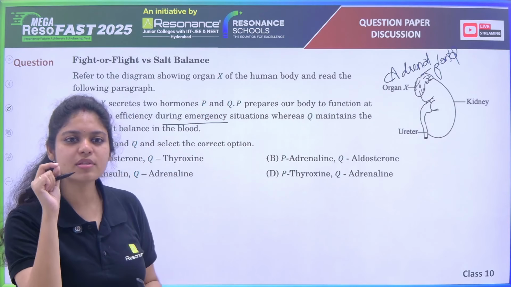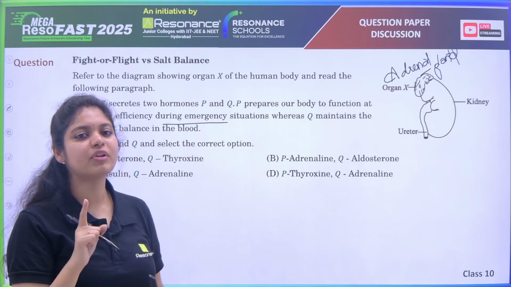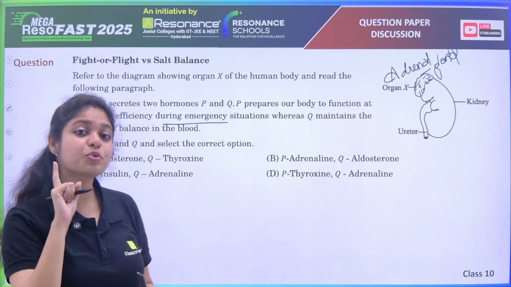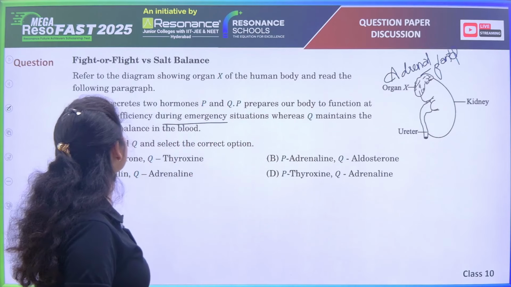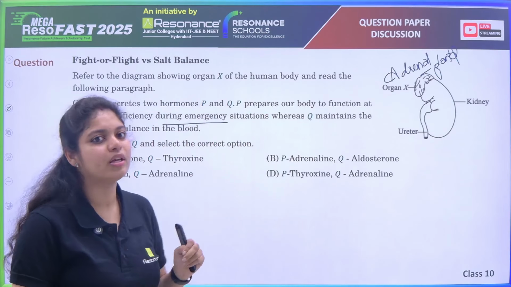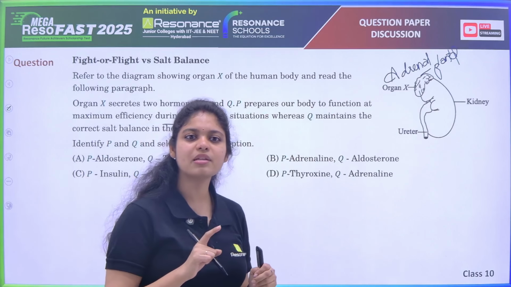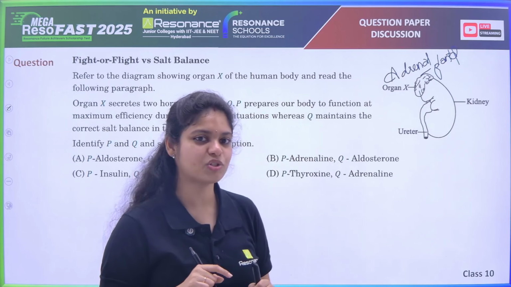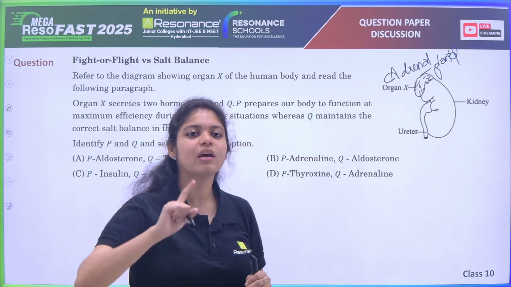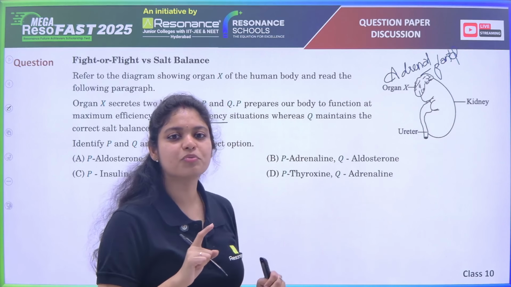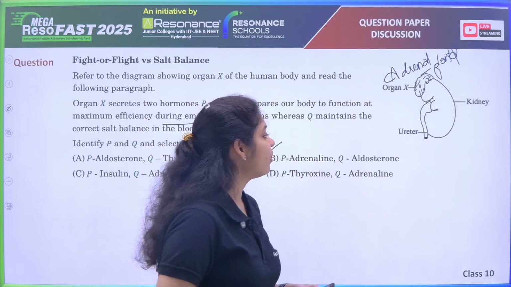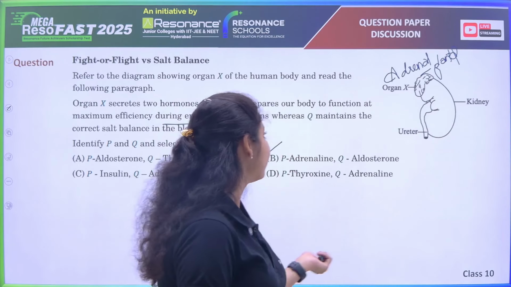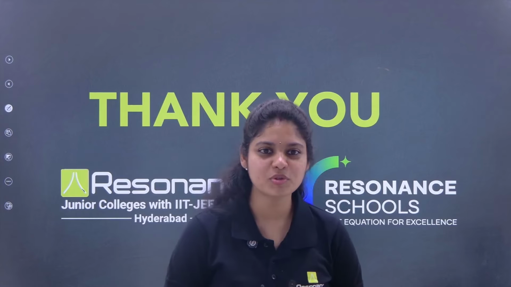The emergency situation hormone would definitely be adrenaline. So P is adrenaline, whereas Q maintains the correct salt balance in the body. We know it. Aldosterone is helpful for the reabsorption of sodium ions for maintaining the salt balance. So Q would be aldosterone. So P is adrenaline, whereas Q is aldosterone. I hope this session was useful for you.